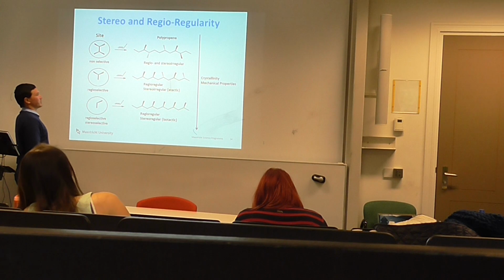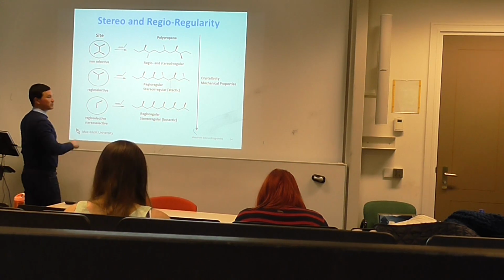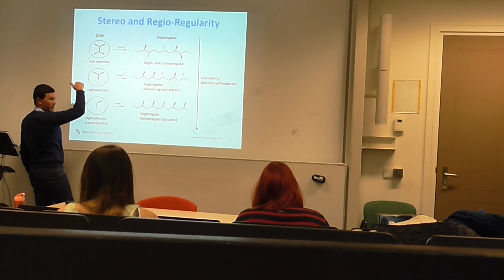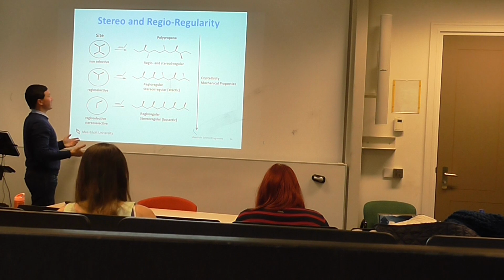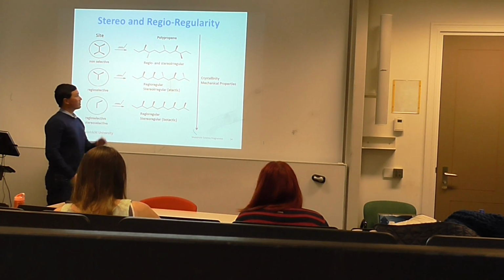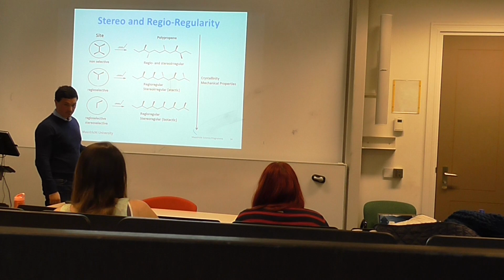So this is a schematic representation of what can happen. If your site is non-selective, so your methyl group can be up left, up right, bottom left, or bottom right, there is no stereoselectivity, no regioselectivity. Your resulting polypropylene or poly-alpha-olefin will be stereo and regio irregular.